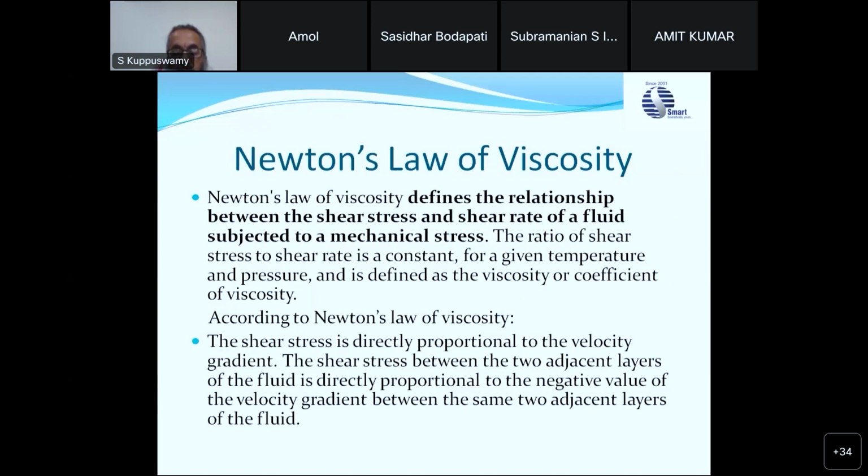According to Newton's law of viscosity, the shear stress is directly proportional to the velocity gradient. The shear stress between two adjacent layers of the fluid is directly proportional to the negative value of the velocity gradient between the same two adjacent layers of the fluid.